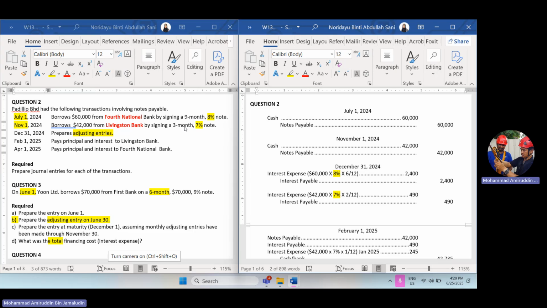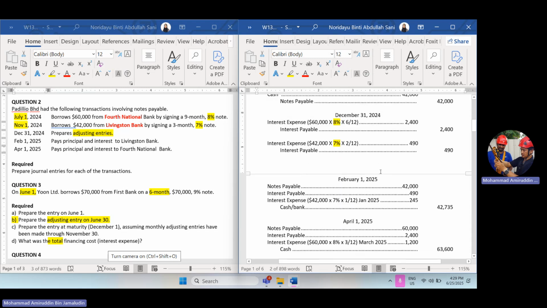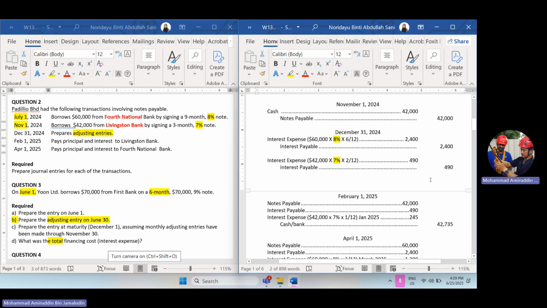Yes, and later we will see it at the bottom. You're right. Okay, that's on 31st December. On 1st February, we need to pay. Now you can see the effect of payment. Just now we owed Livingston 42,000.